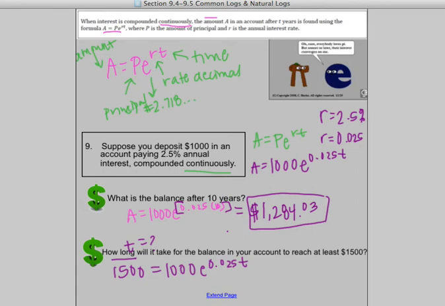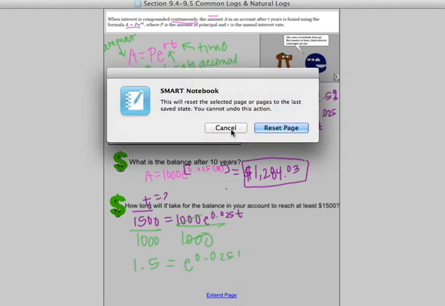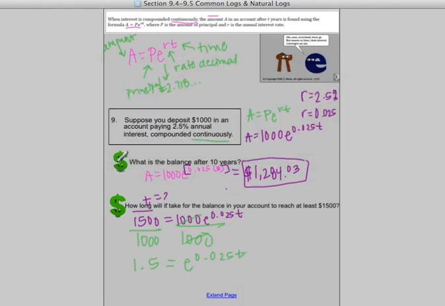Just like before, we think about reverse operations. It's really 1,000 times e to the 0.025t. In order to undo multiplication, I would do division, so I would divide both sides by 1,000. 1,500 divided by 1,000 is 1.5, which is equal to e to the 0.025t. Now if I want to get rid of e, I need to take the natural log on both sides.